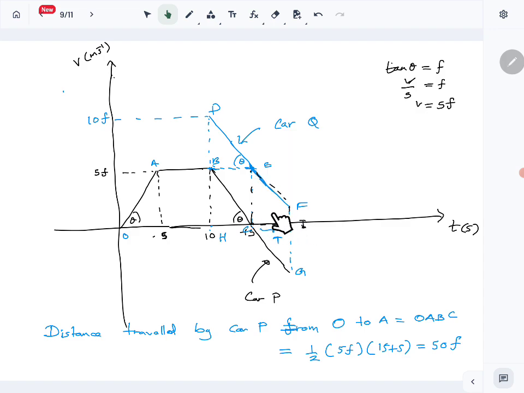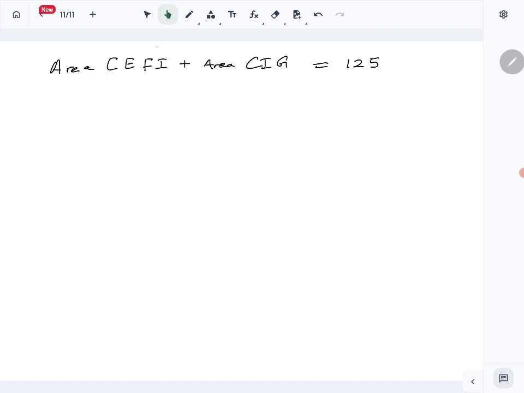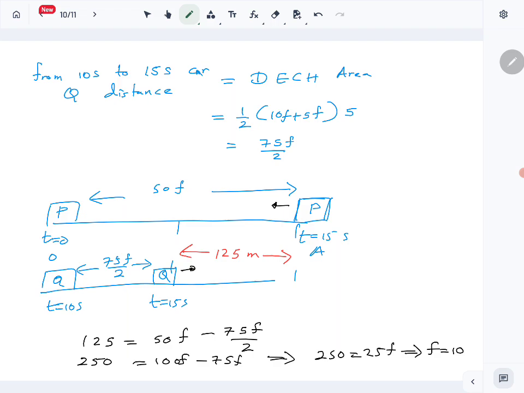CEFI is the distance traveled by car Q. Then CIG is the distance traveled by car P until they meet after 15 seconds. So then the total area is given by CEFG, that parallelogram CEFG. So these two together is equal to CEFG area. So that is equal to 125.